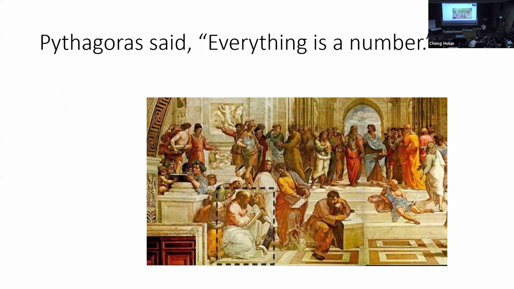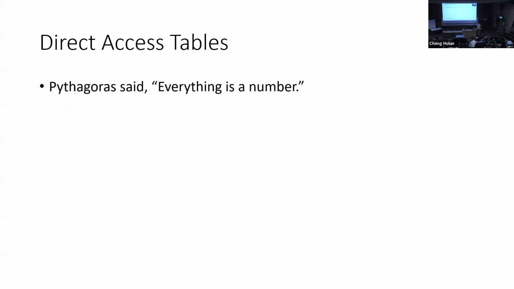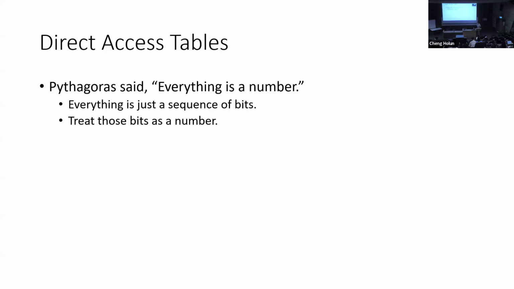Every data, no matter if it's a string, or a picture, even your iPhone pictures, you can all convert into numbers. So we can assume all the keys are integers. Everything you can transform into a series of bits, and every bit can convert into number.